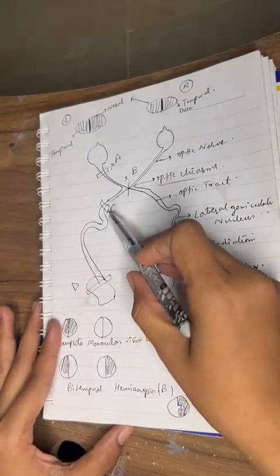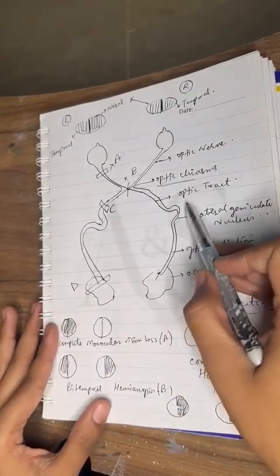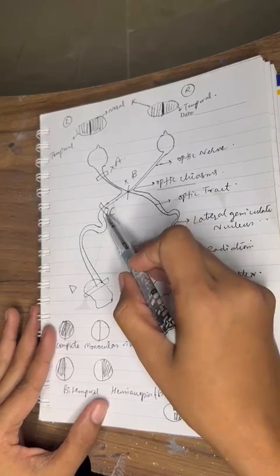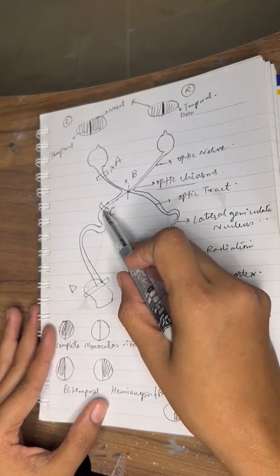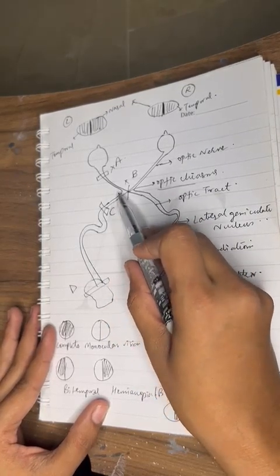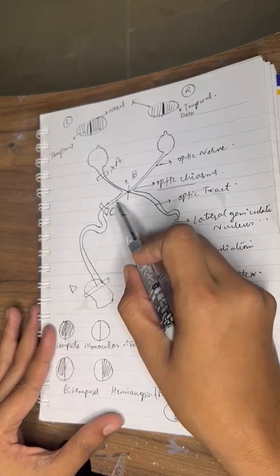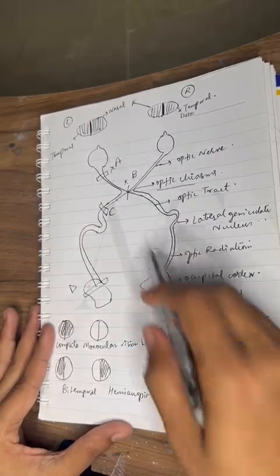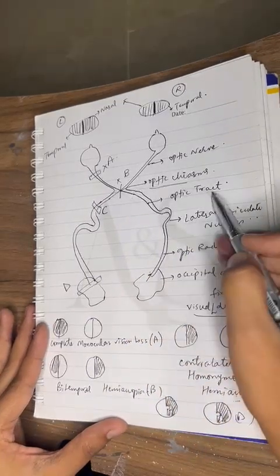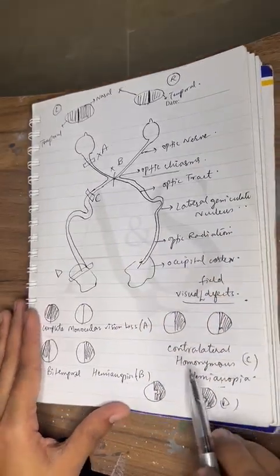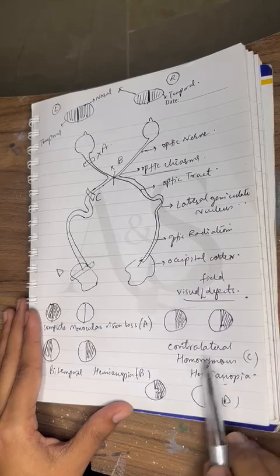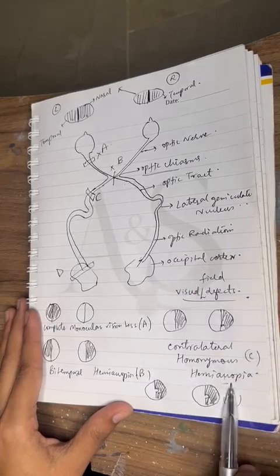Then there is level C, which is at the level of the optic tract. Now the optic tract is a structure in which there are the temporal fibers of the same side and the nasal fibers of the opposite side, right? So what will happen if there is damage at the level of the optic tract? The patient will have a condition called contralateral homonymous hemianopia.